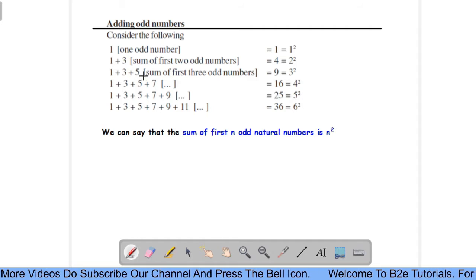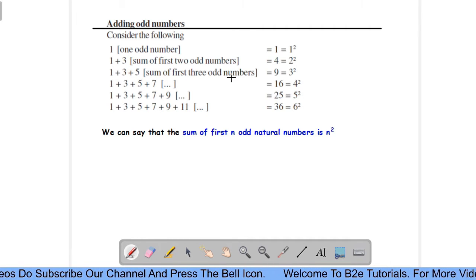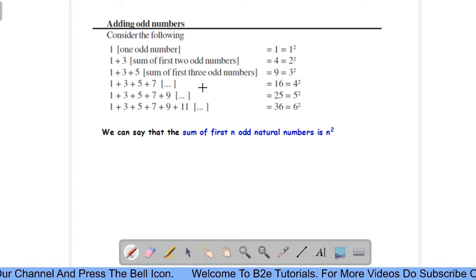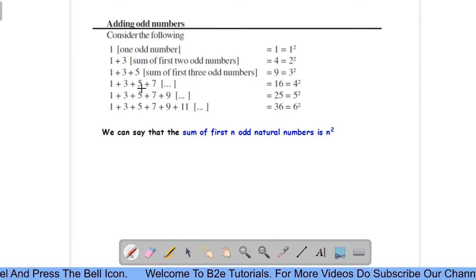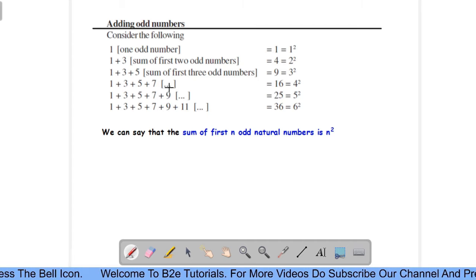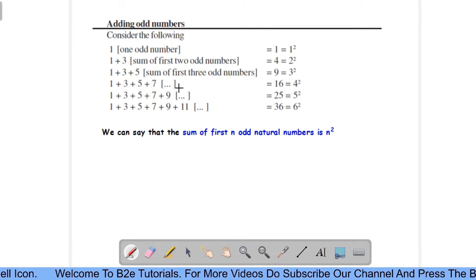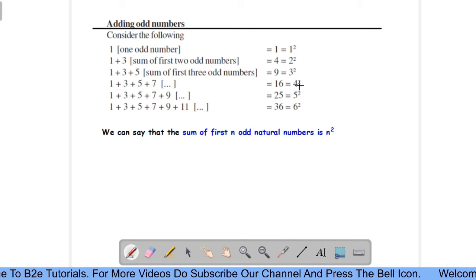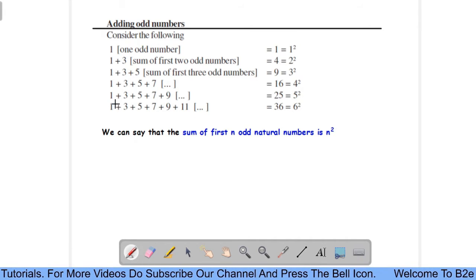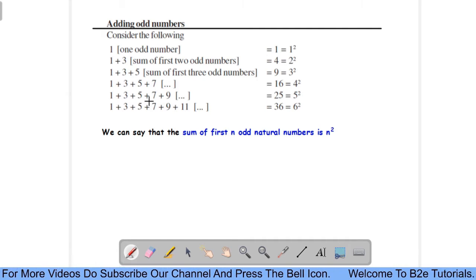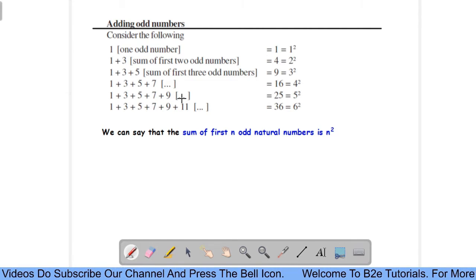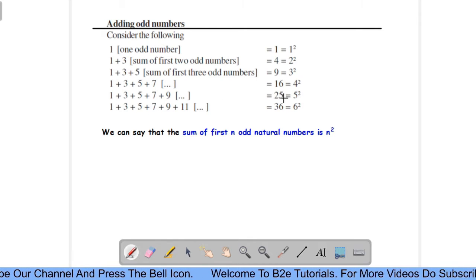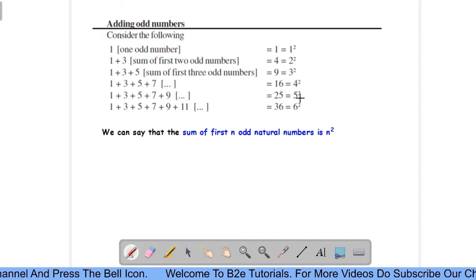Here 1 plus 3 plus 5, that is the sum of the first three odd numbers. It is 9 and 9 can be written as 3 square. Here 1 plus 3 plus 5 plus 7, the sum of the first four odd numbers, is 16 and 16 can be written as 4 square. Now 1 plus 3 plus 5 plus 7 plus 9, the sum of the first five odd numbers, is 25, which is 5 square.